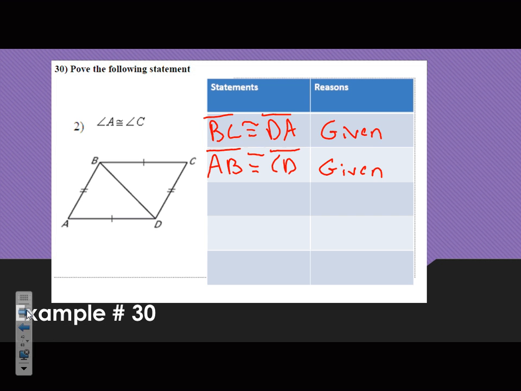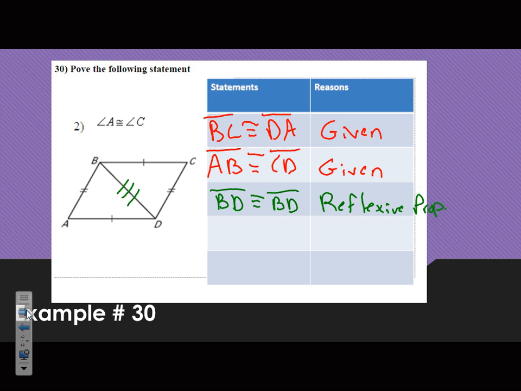Then my favorite, we can use this: BD is congruent to BD because of the reflexive property.